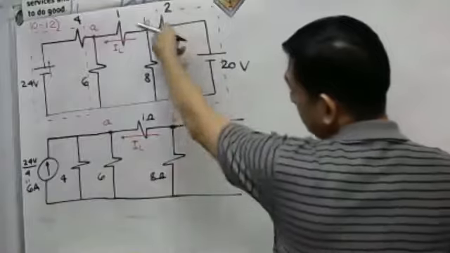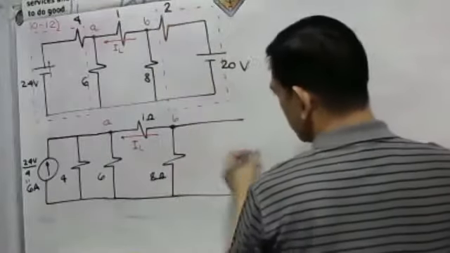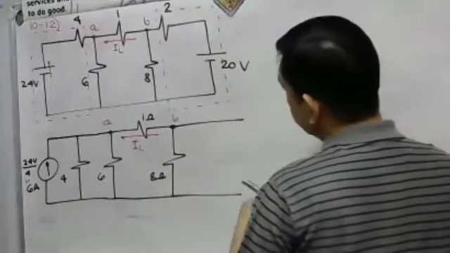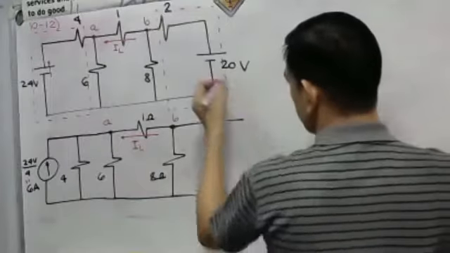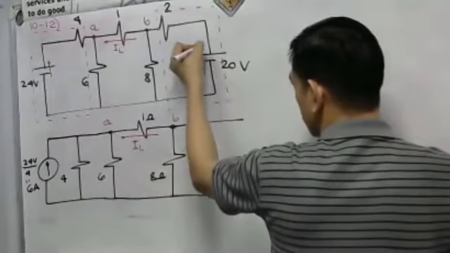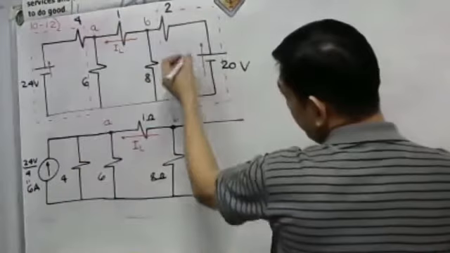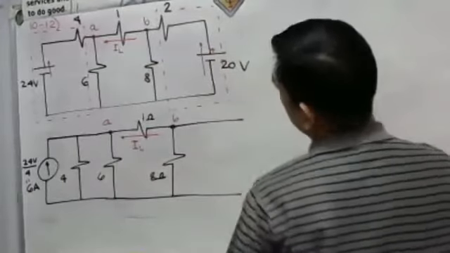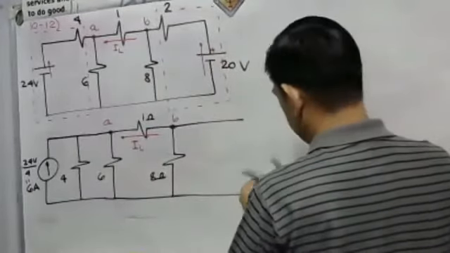Let us replace this Thevenin circuit by a Norton circuit. Again, we have a 20 volt source here, so the current must leave on the positive terminal of the 20 volt source.